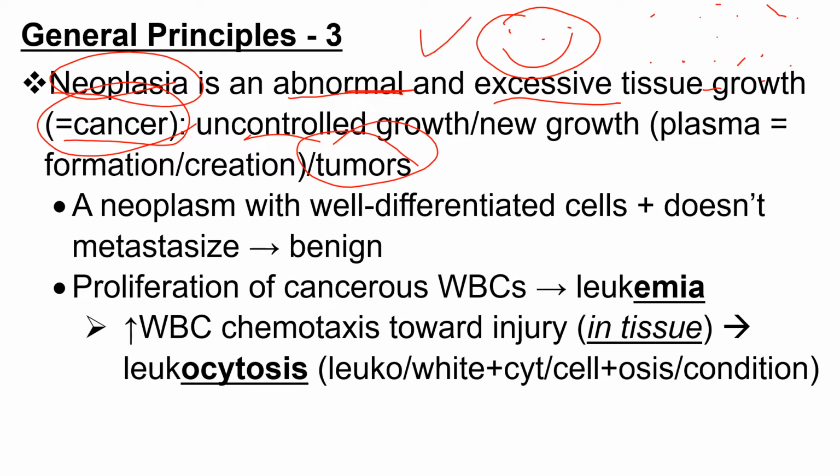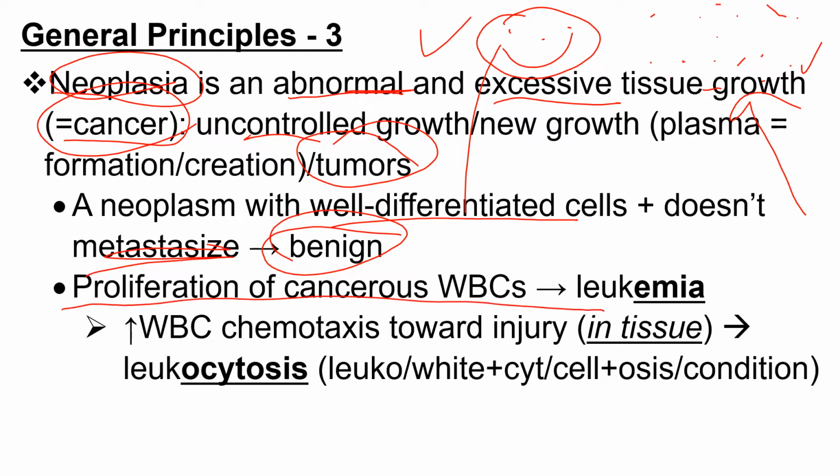This is a well differentiated cell, hypothetical. This is a poorly differentiated cell. A well differentiated cell looks like it should, so it's most of the time benign. A poorly differentiated cell has a greater likelihood of metastasizing and is usually obviously a more severe form of cancer.